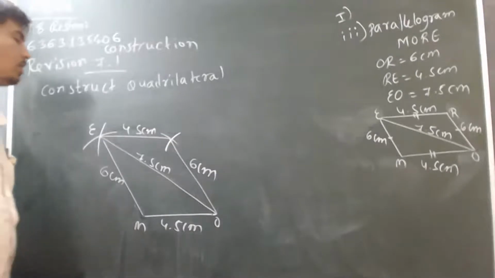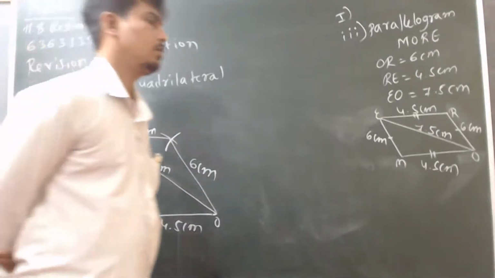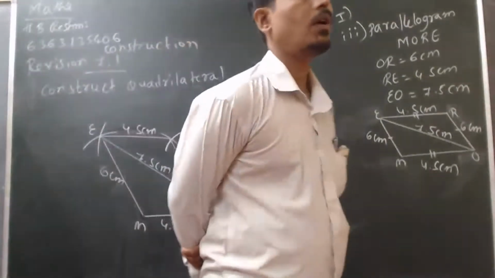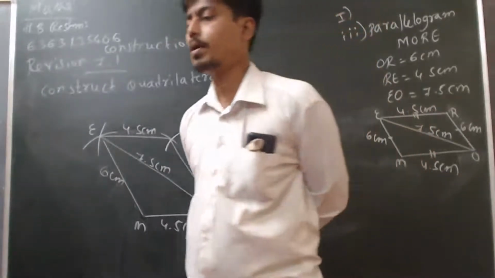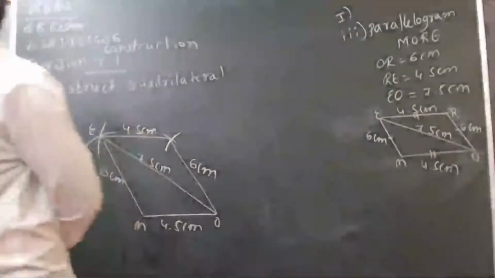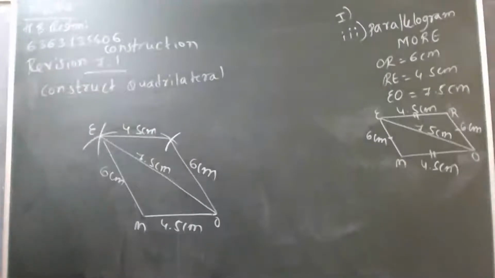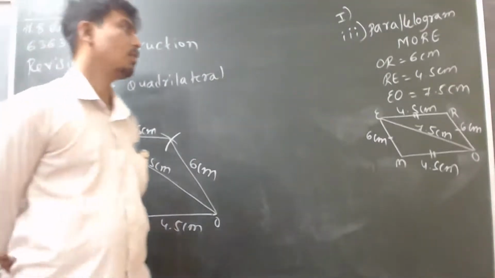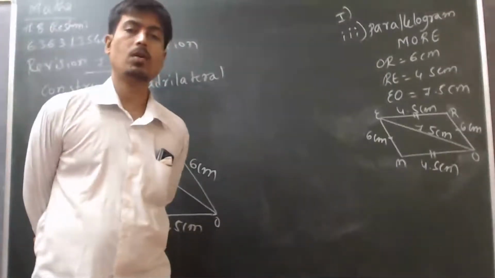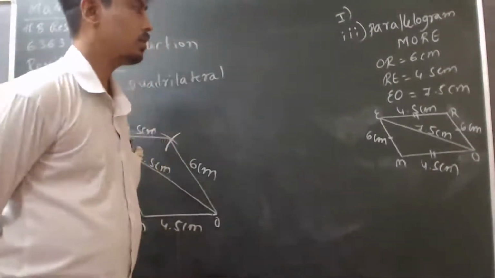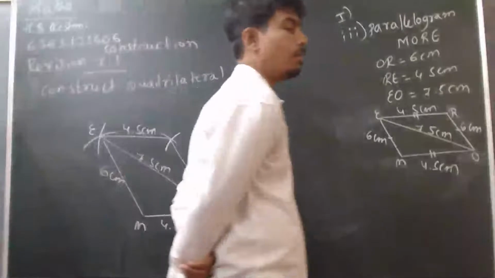So after this, we have rhombus. In rhombus, I made you understand some properties and some important points, so you have to go through that. Regarding 3 marks and 2 marks, I'll solve some more problems on the board.